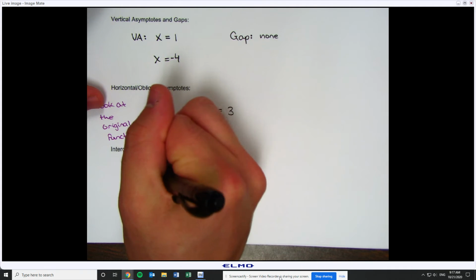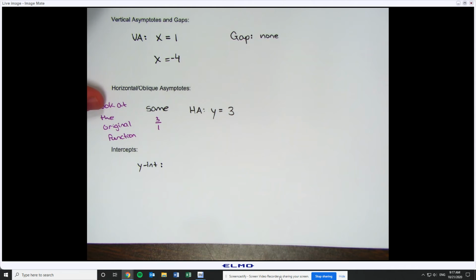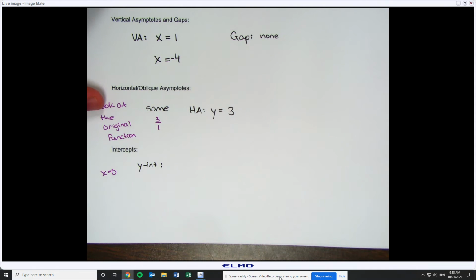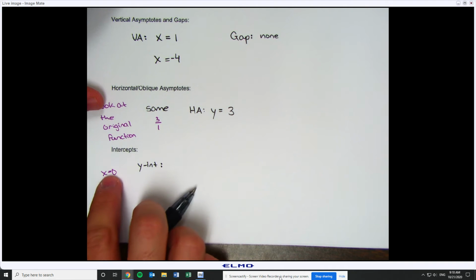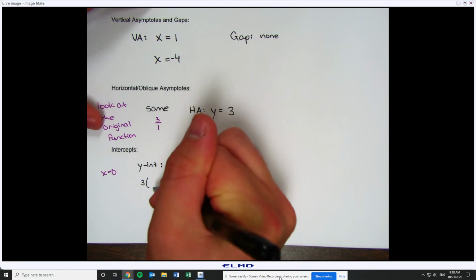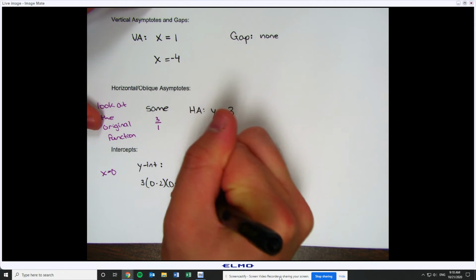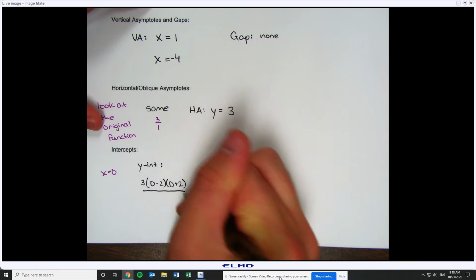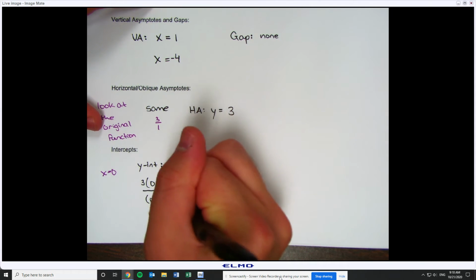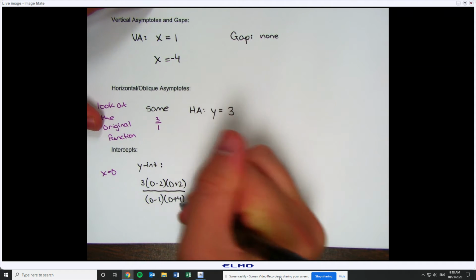When finding the intercepts, I usually like to start with y. As a little reminder, when you're doing the y-intercept, we know x equals 0. So we're going to substitute x equals 0 into the lowest terms. So 3 times 0 minus 2 and 0 plus 2, divided by 0 minus 1 and 0 plus 4.